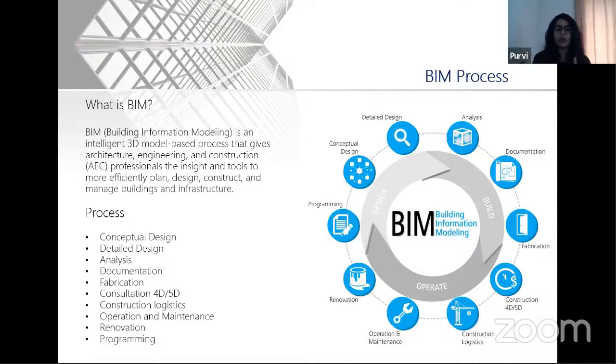So you just change the facade of that particular model, and you can automatically see what material is good for renovation at that particular time, with the particular age of that building. So here comes your renovation, and then this is the programming, where later we are going to explore what other things, what are the programming things, how BIM can be linked to other technology for the future.